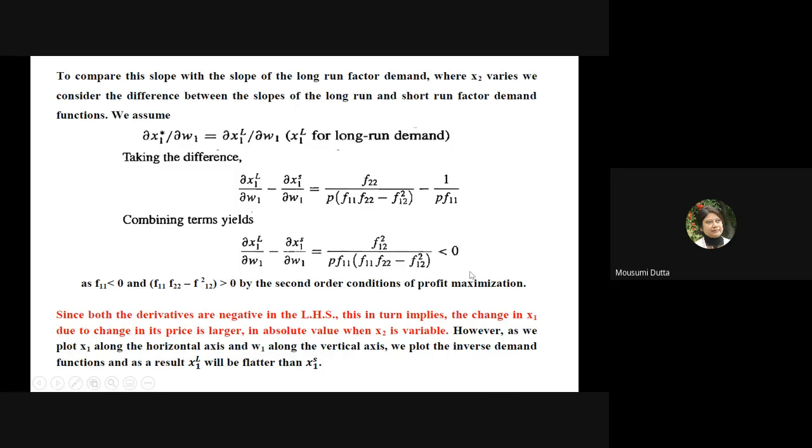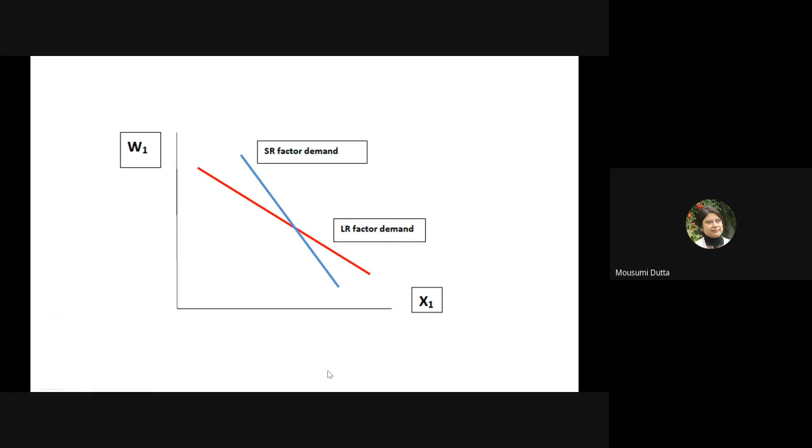To maintain this, we need that the absolute value of the first factor should be greater than that of the second factor. However, as we plot x1 along the horizontal axis and w1 along the vertical axis, we plot the inverse demand functions. As a result, our x1L will be flatter than x1S. So this will be the presentation.